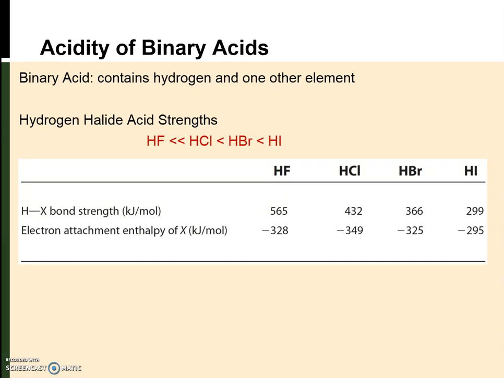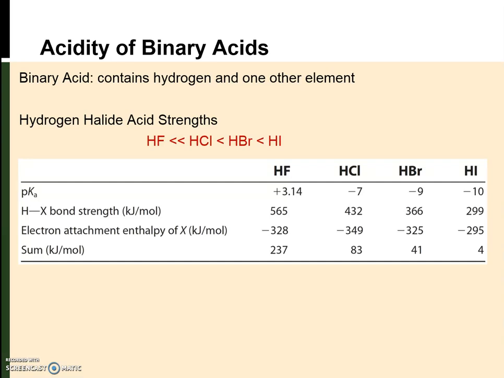So the two trends are kind of opposing each other, and so it turns out that the HX bond strength kind of dominates in this, and we can tell this by looking at the sum of the two effects. So if we add the HX bond strength and the electron attachment enthalpy, we get a series of values where HI has the smallest magnitude, the closest to being negative, whereas HF has the largest.